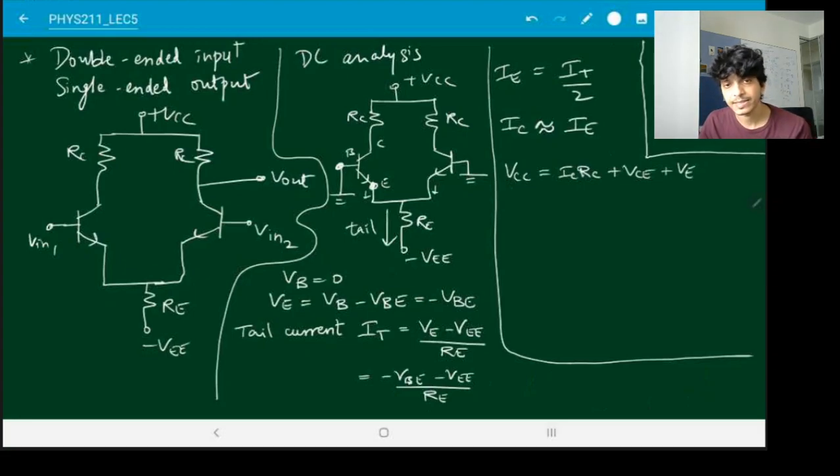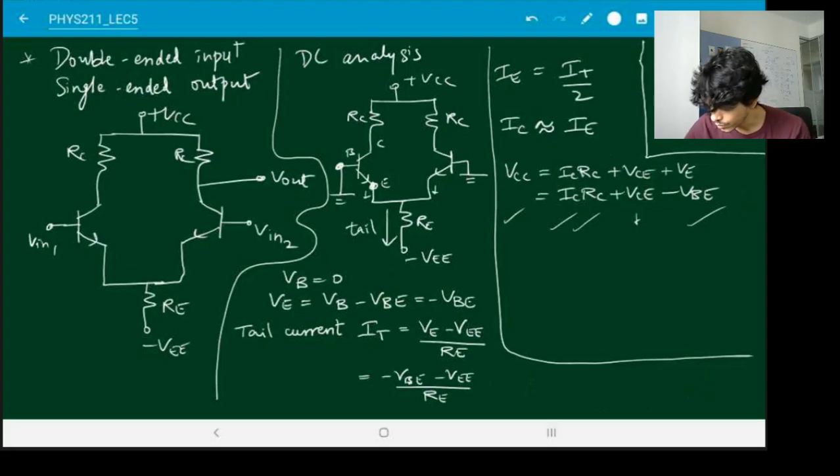Normally we write VE as IERE, but I've written it VE for the following reason. I can now write this as ICRC plus VCE, and VE is minus VBE. So VCC we know, VBE we know, RC we know, IC we know. So we can find out what VCE is.